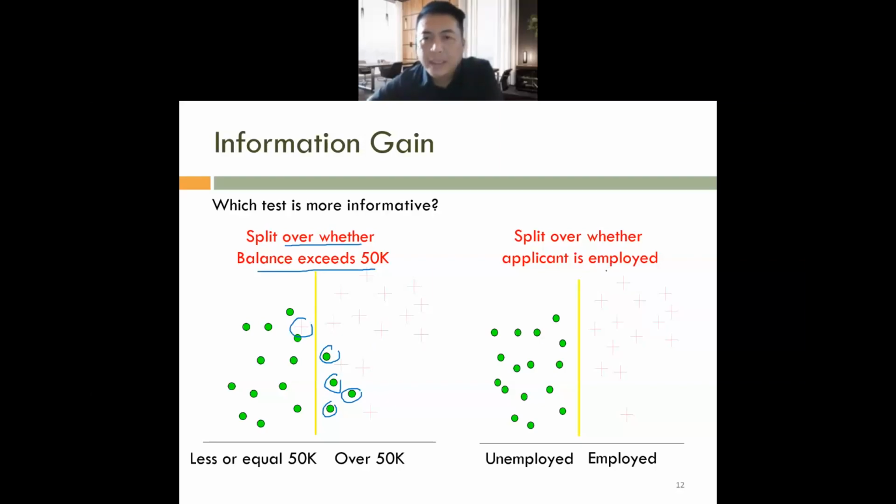But if we split them over where the applicant is employed, we can split the data into the round green and also the plus red. So this is better compared to this. Meaning that if we split the data based on employment, unemployed and employed, we have a better partition of data.